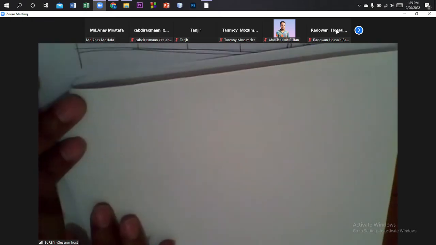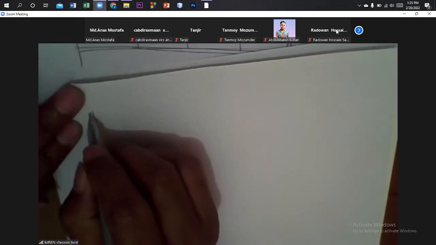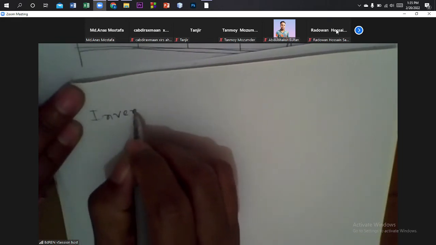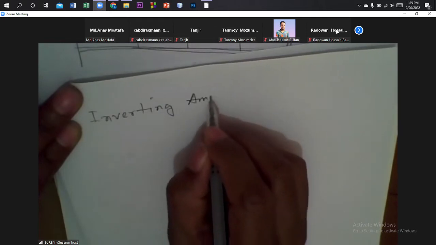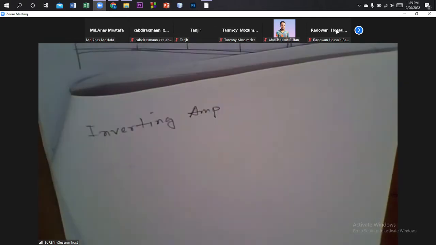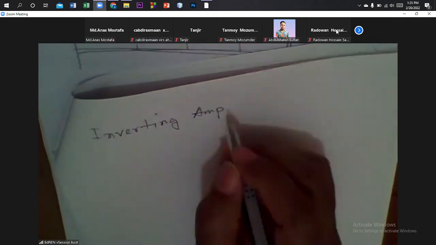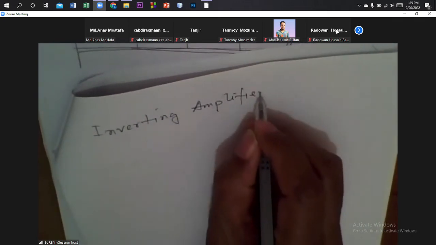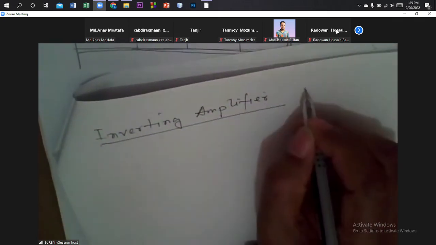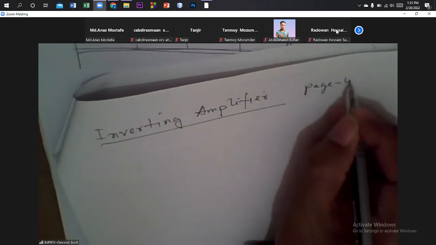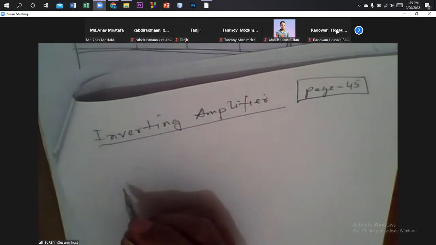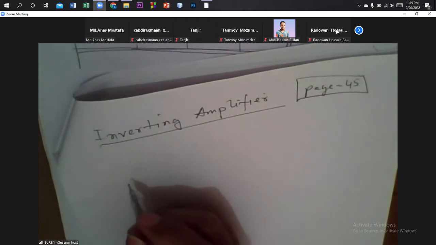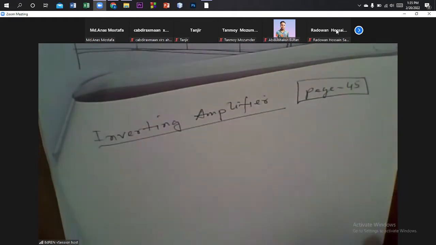Inverting amplifier, page 45. Write it down.